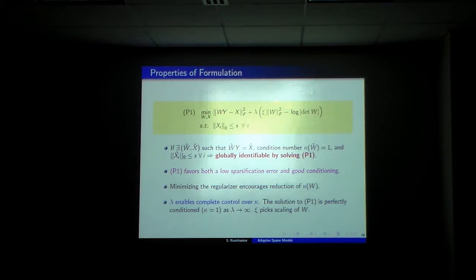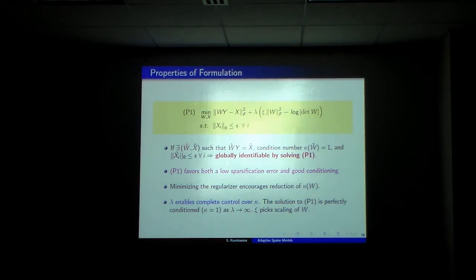But if we just use this regularizer, what are the properties of this transform learning problem? Number one, if there exists a pair W hat, X hat such that the model here is satisfied exactly, that is W hat Y is exactly equal to X hat, and W hat is unit conditioned, that is the condition number is 1, and X hat is sparse, that is X hat satisfies the sparsity constraints, then this pair is actually a global minimizer of this problem.